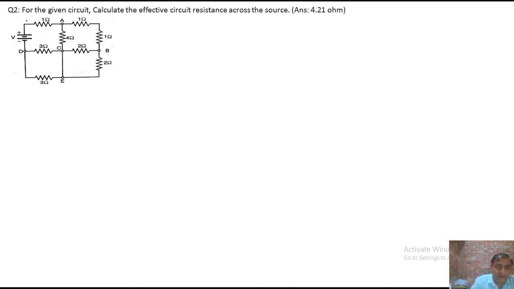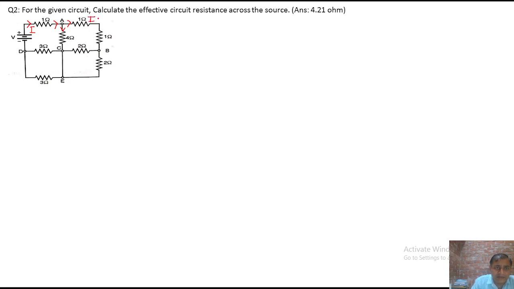So here assume the current from the positive plate of the battery is I ampere. This I ampere is divided at the point A, because this 1 ohm and the voltage source are connected in series. So this I ampere is divided into two parts: some part of the current goes in this branch, and the rest of the current goes in the other.